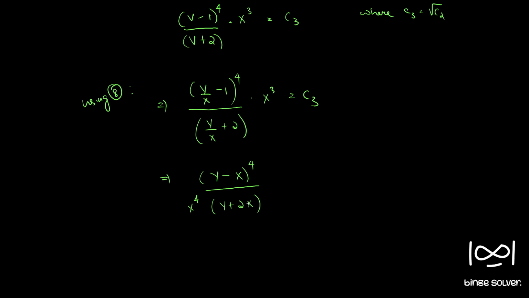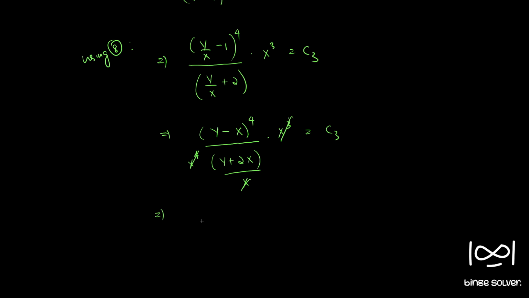So here there is an x raised to 4, here an x, and here x cube. So this is equal to c3. Now this x cancels out. So we have (y minus x) raised to 4 is equal to c3 into (y plus 2x).